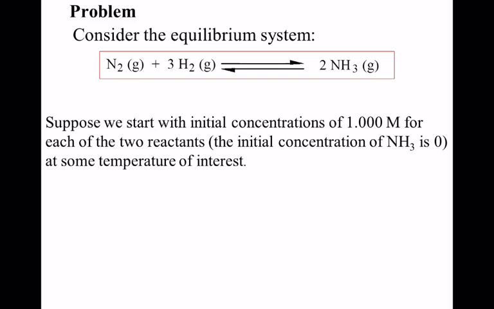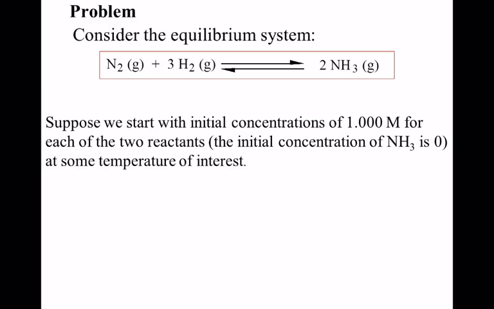Now, I've done it differently, different years, different semesters, but I'm just going to start from left to right. I'm going to put my reactants and my product up here. So I'm going to put the molar concentration of N2, the molar concentration of H2, the molar concentration of NH3, and somewhere in the margins I'm going to knock out my equilibrium constant expression.